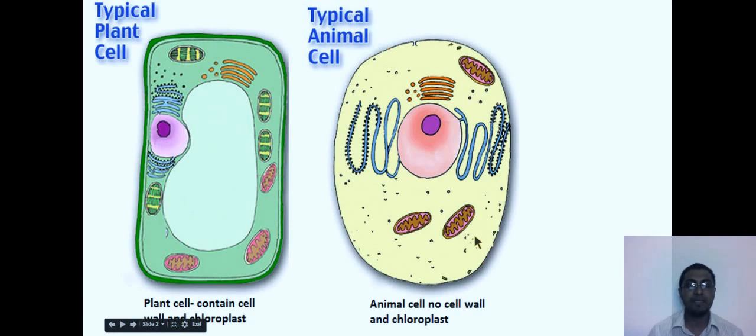So again, the similarities between the plant cell and animal cell is that they both have a nucleus, they both have mitochondria, they both have a cell membrane, they both have ribosomes. However, the difference between both the plant cell and animal cell is that the plant cell have a cell wall and also a chloroplast.